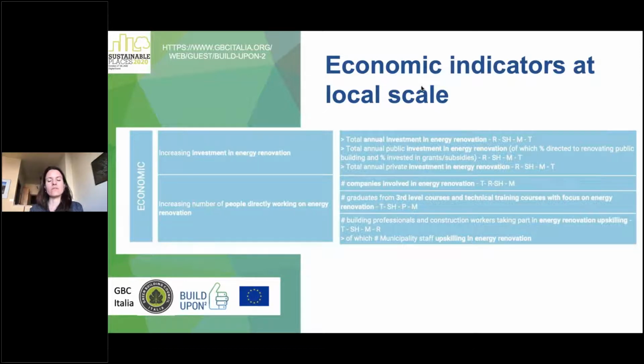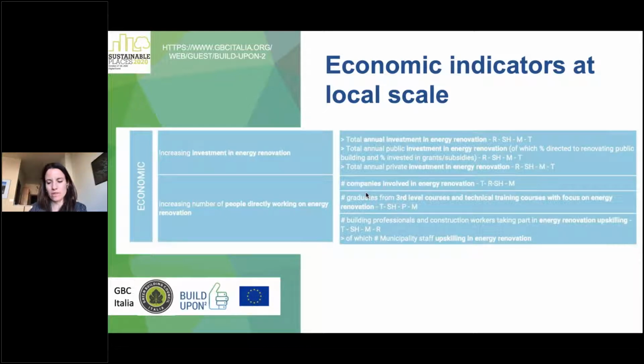The aim is to address how these funds are spent and whether they are effective in increasing the renovation rate. Another important topic is how many jobs are created due to building renovation, and how much competence is built around the renovation activity for public authorities and building construction operators.